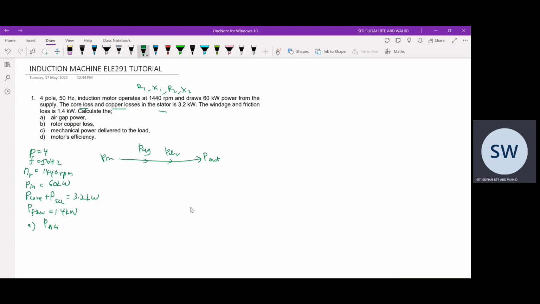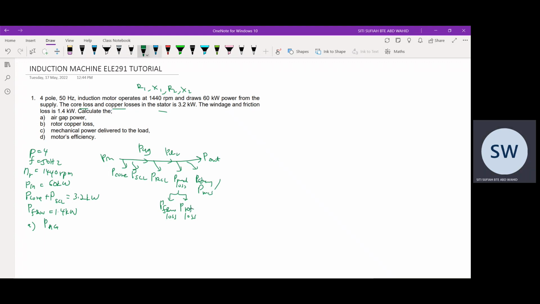Okay, so here you have P core loss, P stator copper loss, P rotor copper loss, and P mechanical loss that is divided into two. It can be either friction and windage loss or P rotational loss. And the other one is P stray or P miscellaneous. Okay. All right.